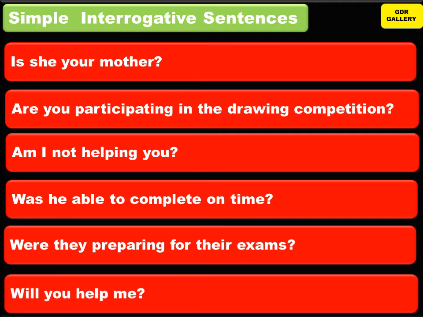Will you help me? Now in these sentences, you can see the question begins with the helping verbs is, are, am, was, were, will. All these are be form of verbs. So such questions you call them as simple interrogative sentences.